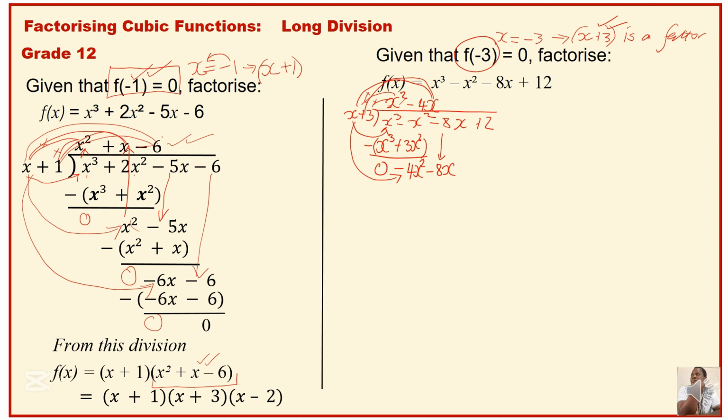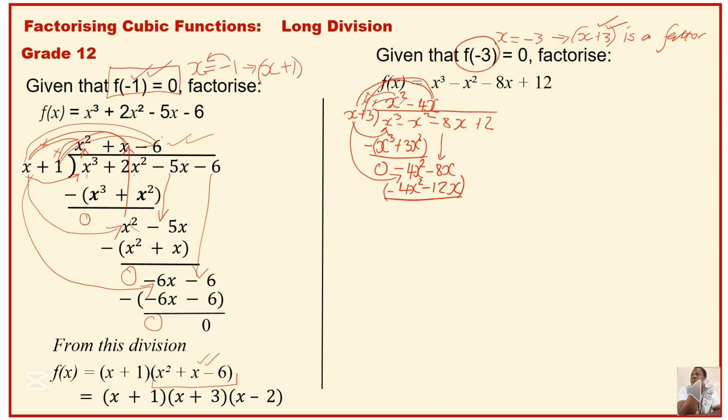Minus 4x multiplied by x it will give me minus 4x squared. Minus 4x multiplied by 3, it gives me minus 12x. Then I subtract these terms to get my answer.